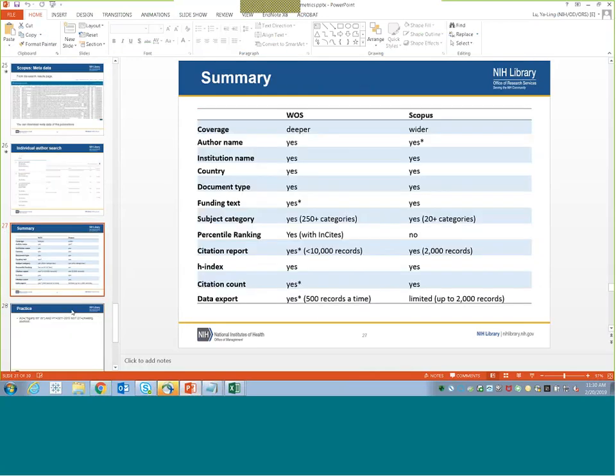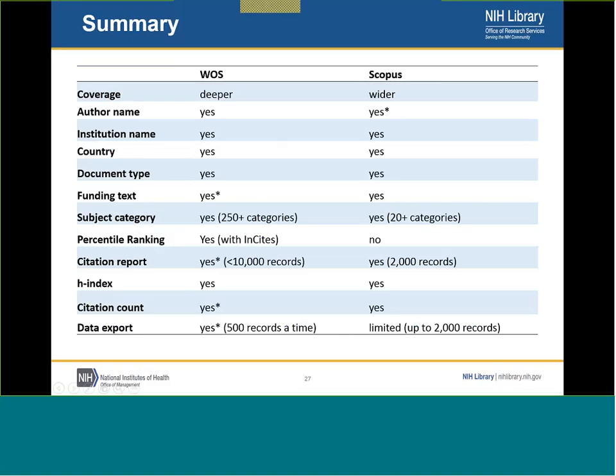Okay, I'd like to quickly wrap up the summary, and then we can have some time for questions or maybe some quick practice. Okay, so this is a quick summary about Web of Science and Scopus. As I mentioned, the coverage for Web of Science goes much deeper. So whenever you want to do a historical review, like the past 30 years, 50 years, or even 70, 80 years, you want to use Web of Science, okay?